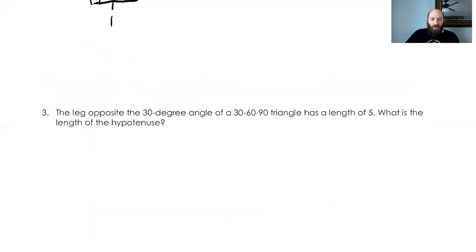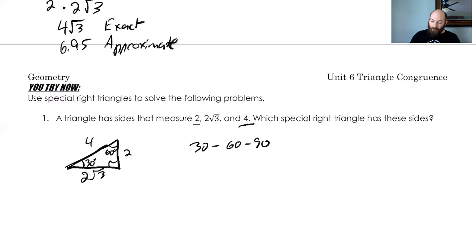All right, final one here. The leg opposite the 30-degree angle. So I've got a 30, 60, 90. Draw it out. The leg opposite that has a length of 5. What is the length of the hypotenuse? Once again, I don't care how you want to do it. I'll set this one up as a proportion here. So across the 30 is 5.